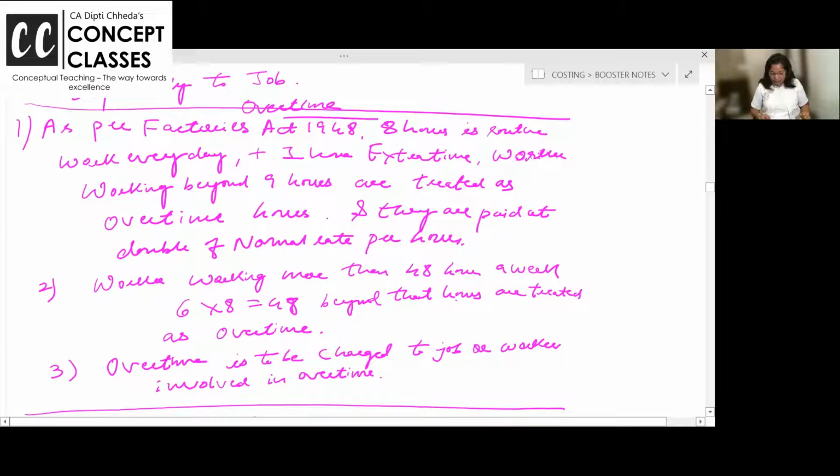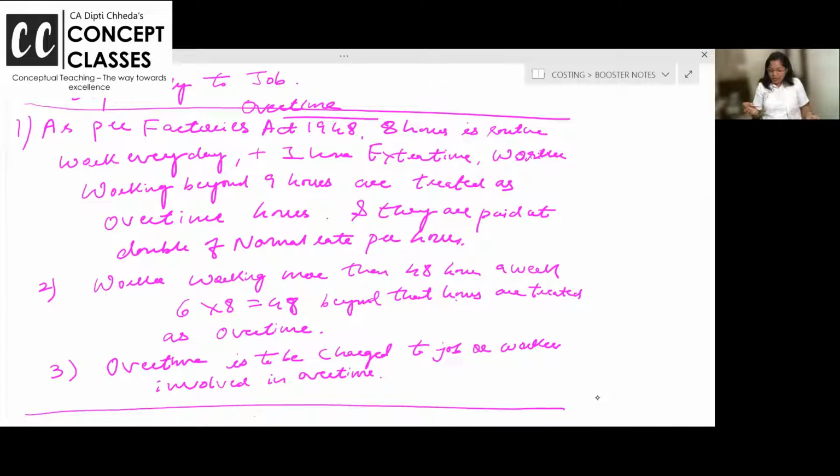There are some rules related to the Factories Act, because you get overtime problems in the exam also. As per the Factories Act 1948, every day a worker is going to work maximum 8 hours.